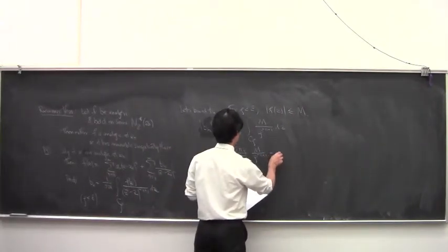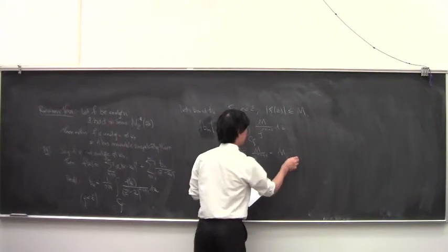And so what do you get? You get M rho to the n.